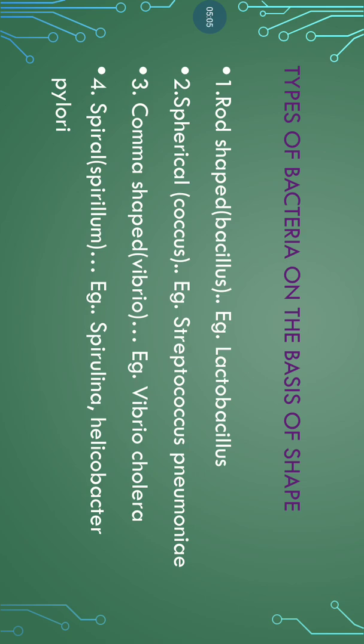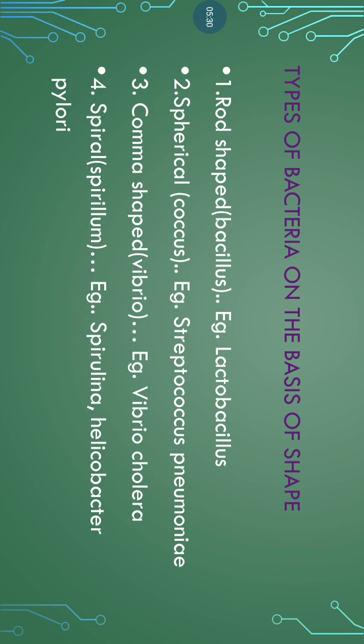That means it is used in certain food items, and when it is consumed by us, it helps in proper digestion and keeps us healthy, Spirulina. And another spiral-shaped bacteria is Helicobacter pylori. This is a bacteria which causes a disease, ulcer.